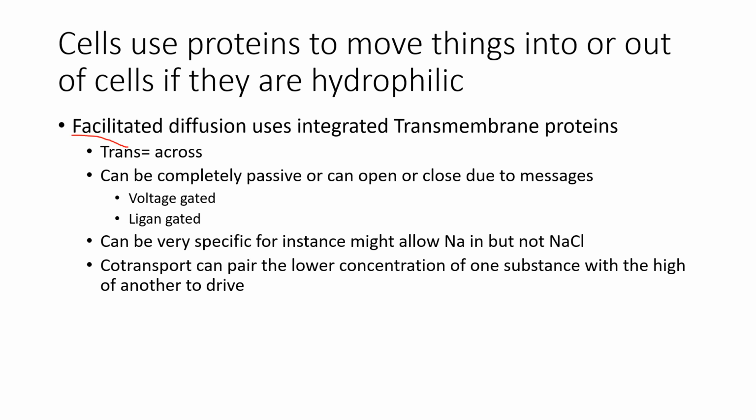I mentioned this probably in class as facilitated diffusion, which pretty much uses transmembrane proteins to allow things through. And there's two types: the voltage gated and the ligand gated. The biggest difference is that, as the name implies, a voltage has to reach a certain level for that protein to open.